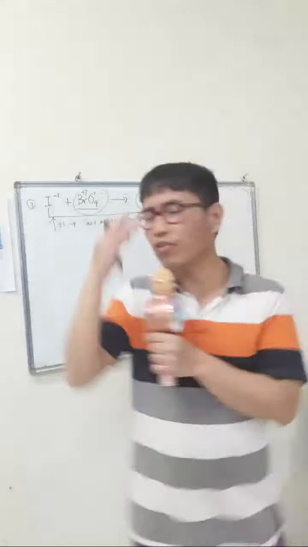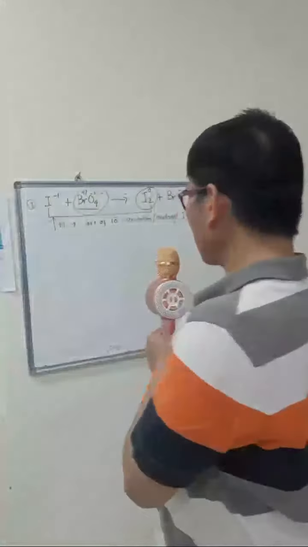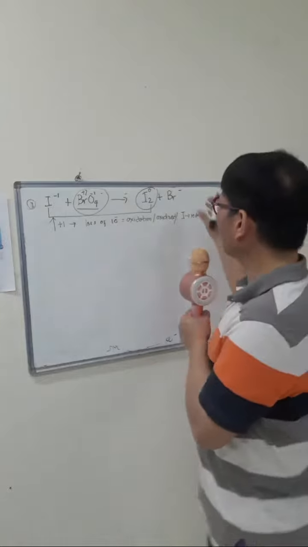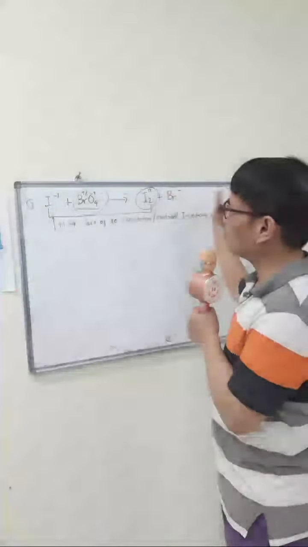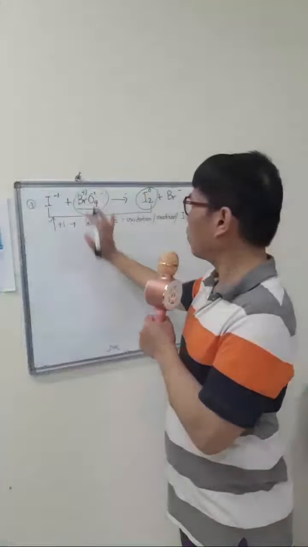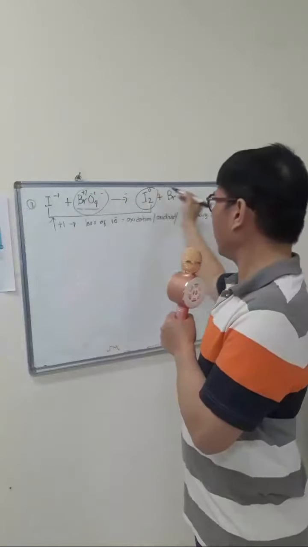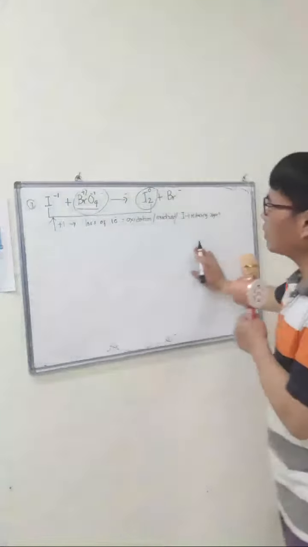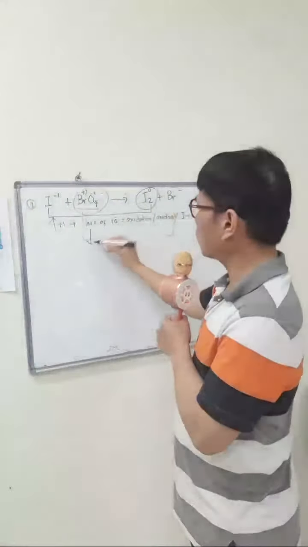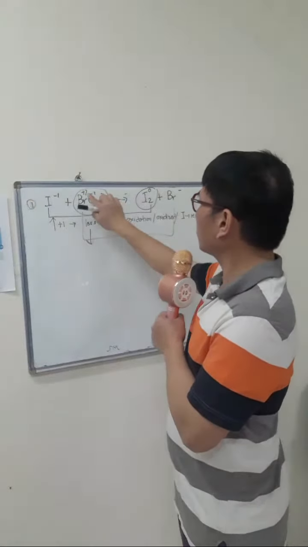Now determine the other one, the reduction. Let's inspect. Here we have no oxygen in the product, so don't do that. But we have bromine in the product, so take the whole thing, bromine. Positive 7 and negative 1, so this is a decrease of the oxidation number, by 6, from 7 to negative 1.